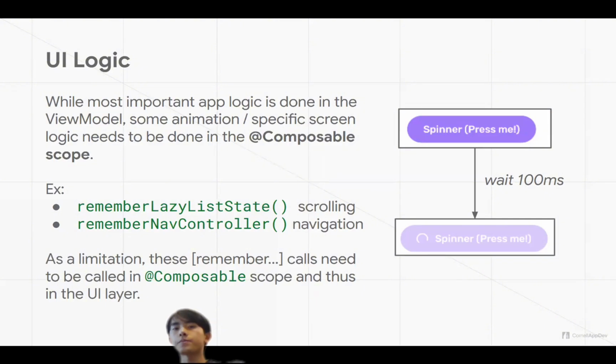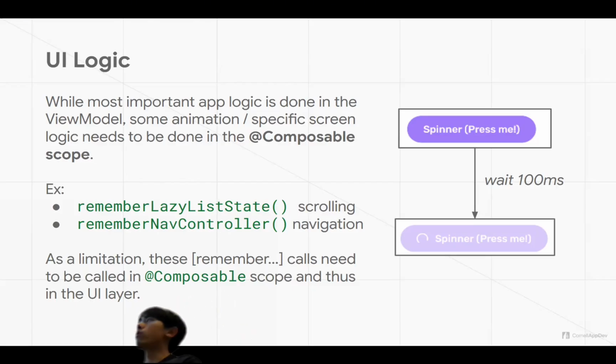Another reason to use LaunchedEffect: while the vast majority of your app logic is done in the view model, there are very few functions that you can only call within the composable scope. You've probably run into this bug yourself, where you write a line of code and it says composable functions can only be invoked in a composable context. That's what this means.